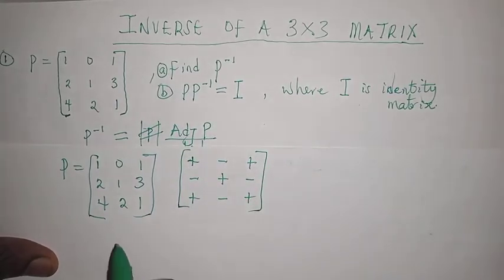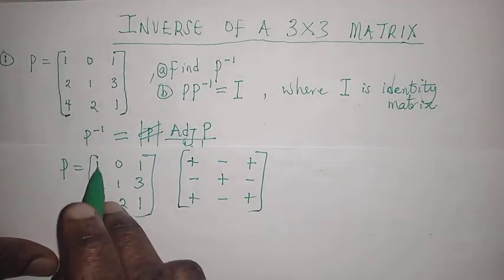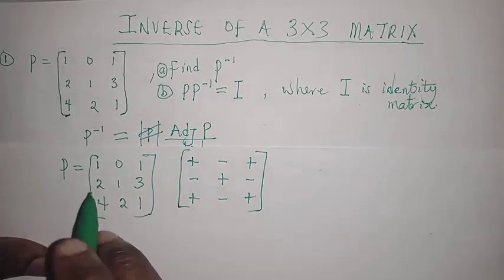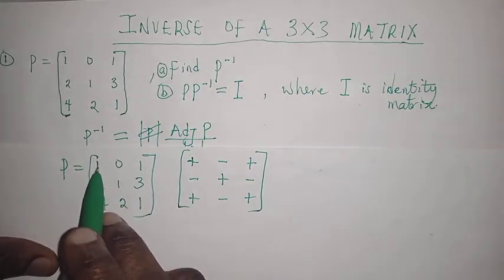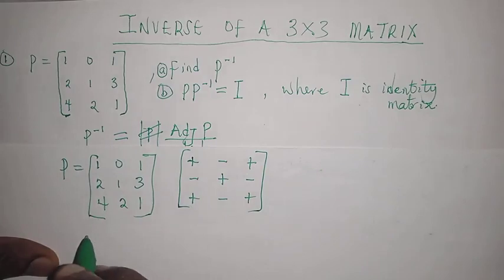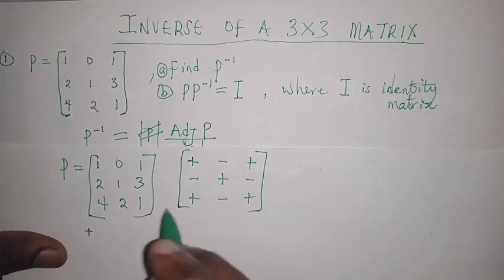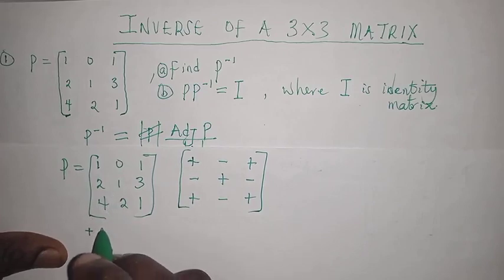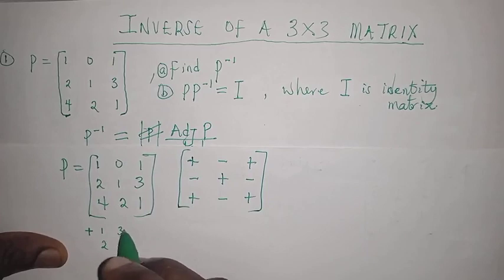So looking at this now, for row 1, column 1, we have plus 1, 3, 2, 1.